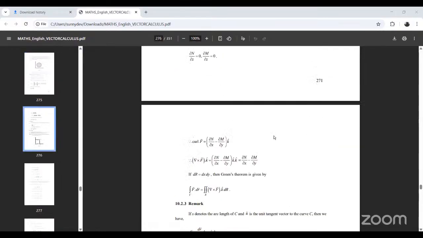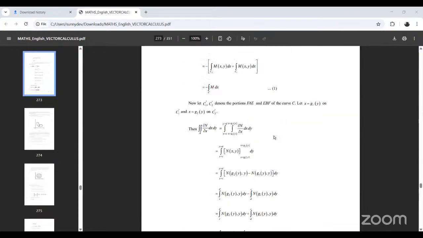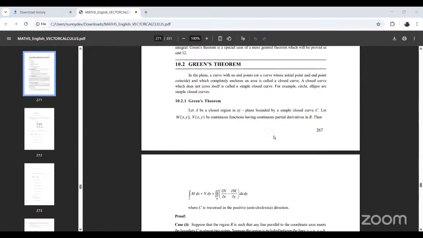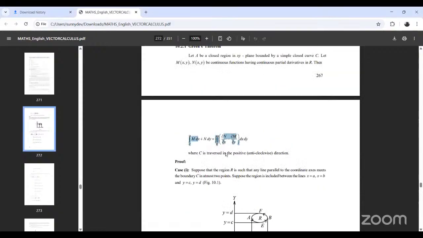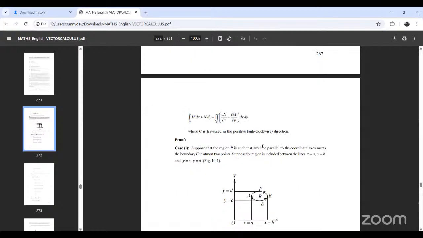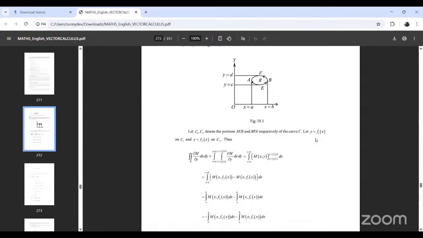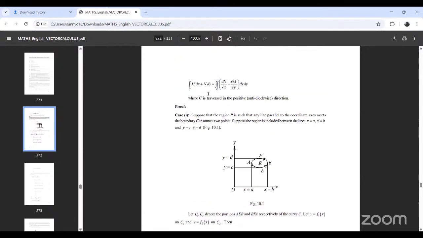This is the only formula, and it's very important for you.